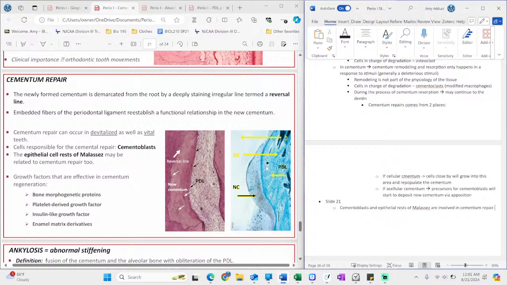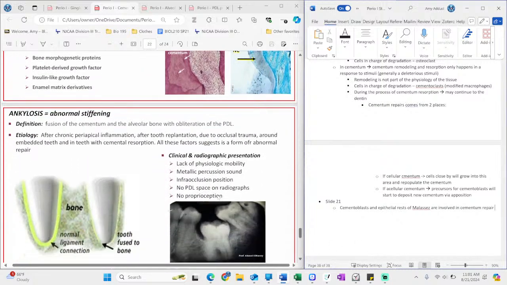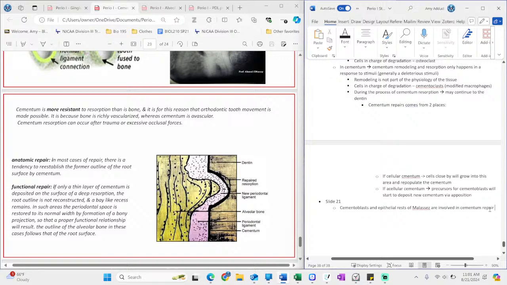And people are showing some evidence that in some cases, those groups of epithelial cells found close to the cementum seem to disappear when cementum needs to be repaired, and some cells may be the ones responsible for cementum. But the main general answer is cementoblasts are the ones that make new cementum. So regarding cementum, that's it.